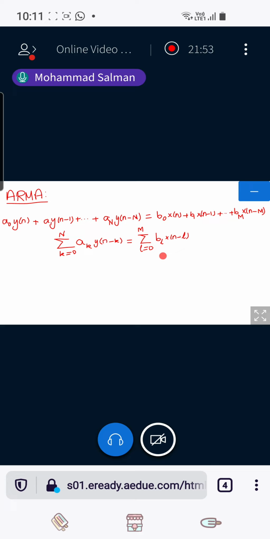So when I say I want to design a filter, it means I want to calculate h of n. I want to know what h of n is, the impulse response of the filter, or H of z, equivalently. So how to find h of n or H of z? Who remembers?